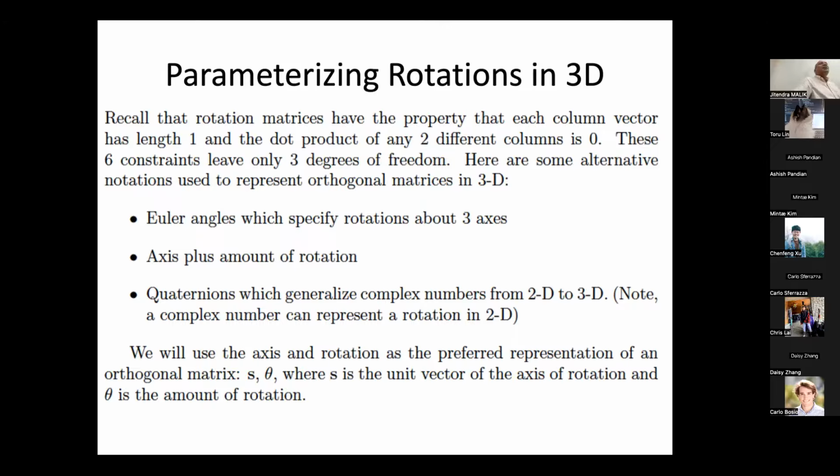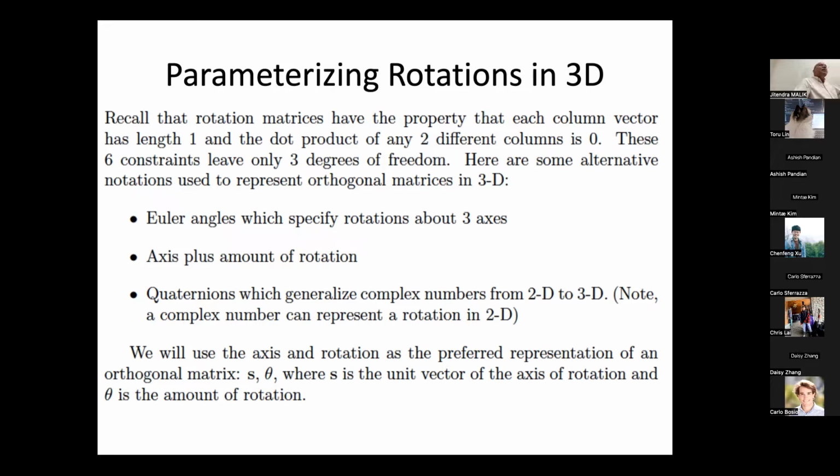Then there is a technique called quaternions, which is the generalization of complex numbers. In 2 dimensions, if you think of your point as a complex number, then multiplying by complex numbers of modulus 1 is equivalent to doing a rotation. But in our setting, we are concerned with three-dimensional space.